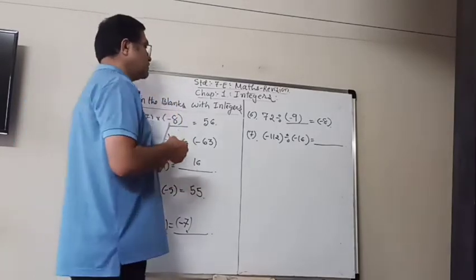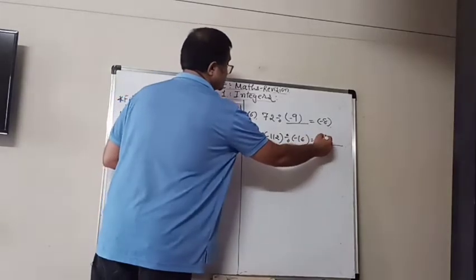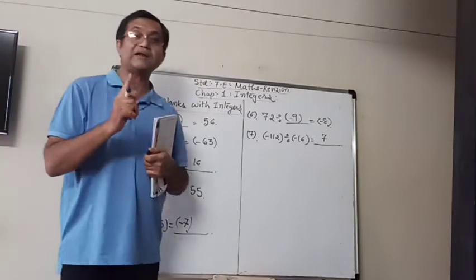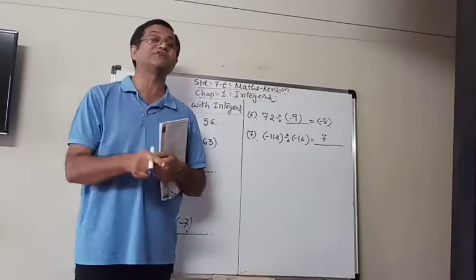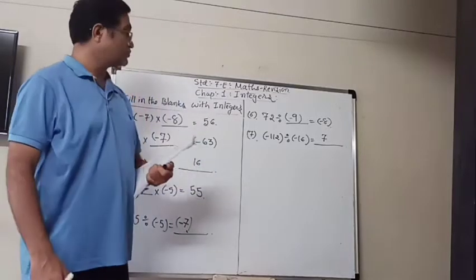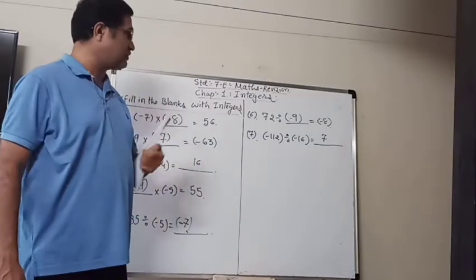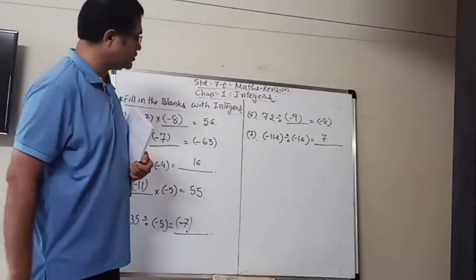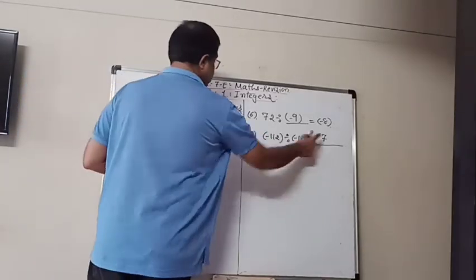So is the answer 7 or minus 7, because both are negative? No. When both are negative, the answer becomes positive, because negative and negative will be cancelled. So division of two negative integers or product of two negative integers will be a positive. So the answer is 7 only.